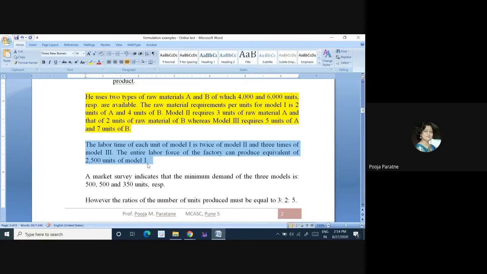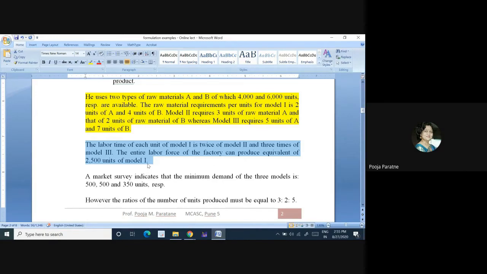So here the availability of time is given. We discussed the same kind of example yesterday also, that if the total time is given, then some number of hats, 400 hats, can be manufactured. In the same way, if the total available time is dedicated to model 1 only, then 2,500 units of model 1 can be produced.